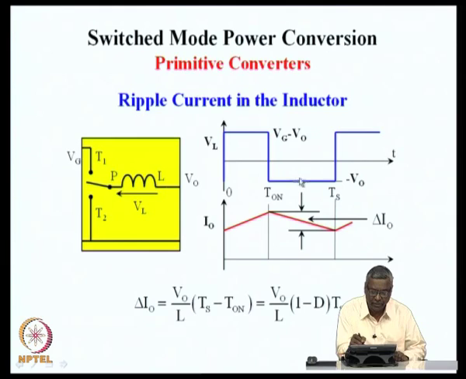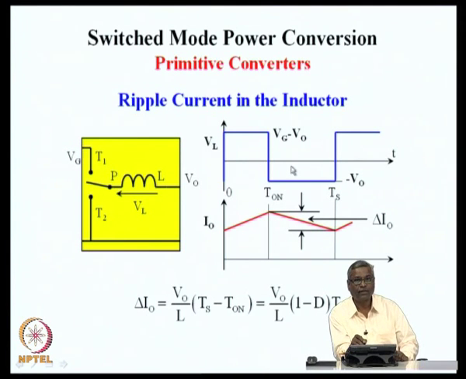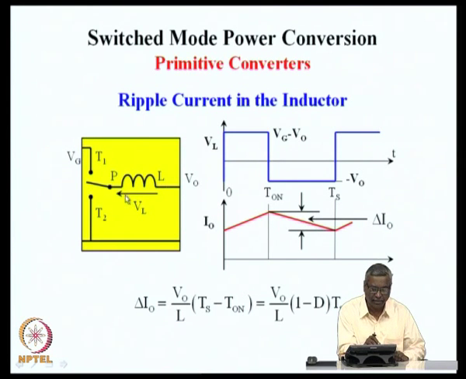The inductor voltage is Vg minus V naught during the on period and minus V naught during the off period. This we have already seen when we evaluated the average voltage across the inductor being 0. So, this voltage is what is applied across the inductor as VL, and so the current through the inductor will be the integral of this voltage waveform.